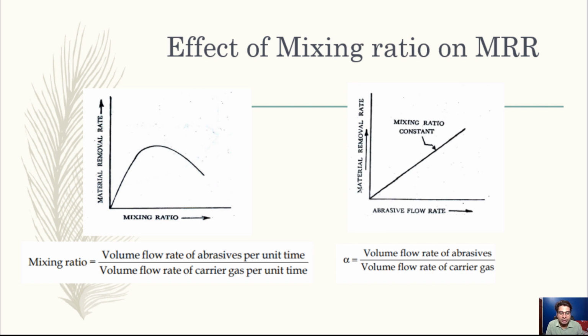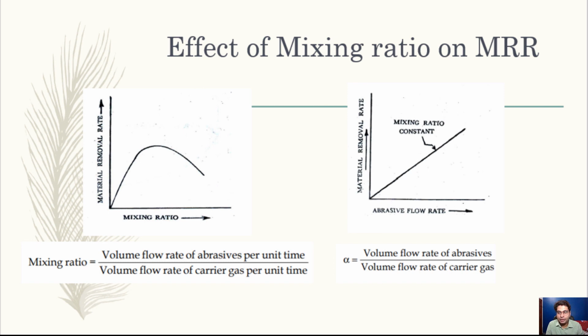In place of mixing ratio, mass ratio is also an entity to consider while commenting on material removal rate. This mass ratio is the mass flow rate of abrasive by the mass flow rate of carrier gas and is given by alpha. And with abrasive flow rate, the material removal rate constantly increases when the mixing ratio is kept constant.